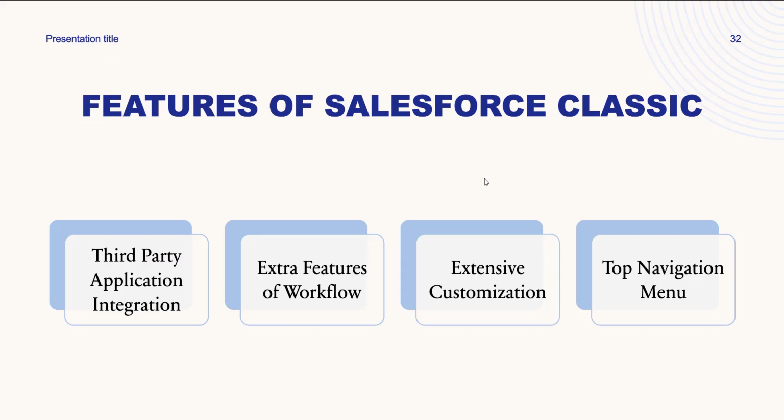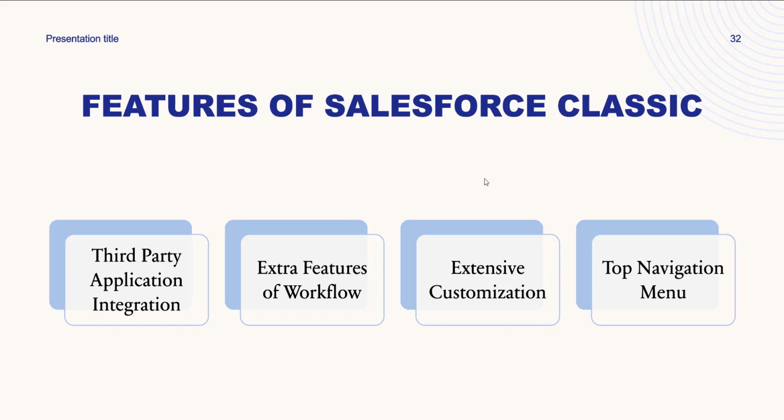It allows some third party applications or integrations that may have been originally developed in Salesforce Classic and are not compatible with the Salesforce Lightning experience. There are some workflow features that are also not available in Salesforce Lightning, but are done with the help of Salesforce Classic.